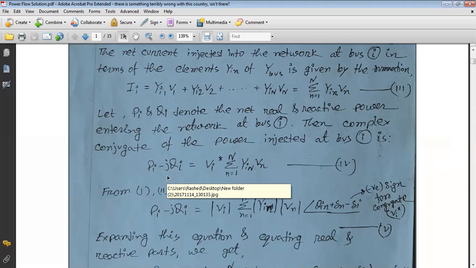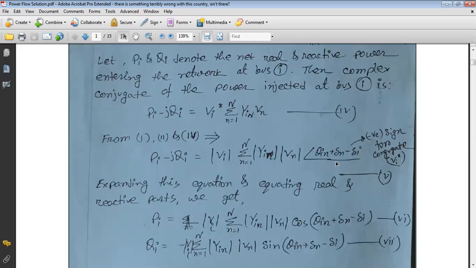This is the complex power format, and the equation should be voltage times the conjugate of current. The voltage will be for bus I, because we want to calculate the complex power injected from bus I, so it should be Vi times the conjugate of the current of bus I. We just derived the current equation for a particular bus, so the complex power equation should look like this.